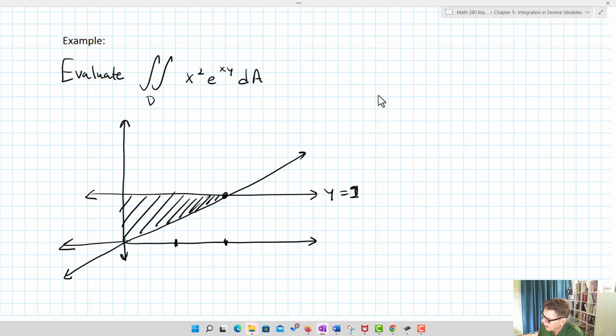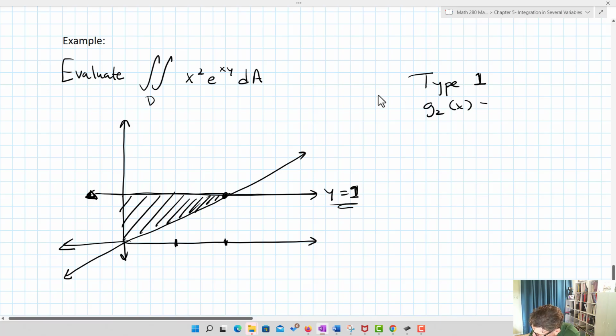Now, what we'll notice, a couple things about this, is let's say, for example, I want to do it type 1. So doing it type 1, the equation first is going to be y equals 1, or, excuse me, g2 of x, the top one, is going to be y equals 1.